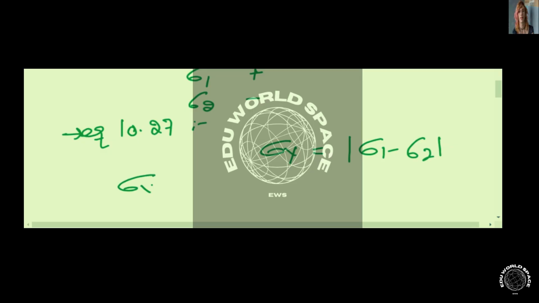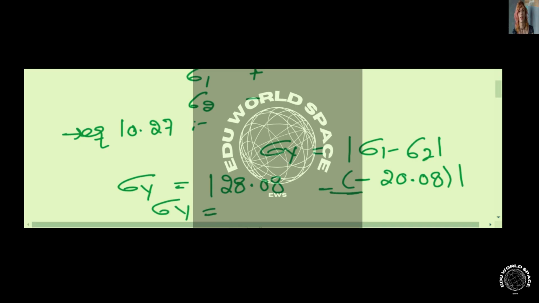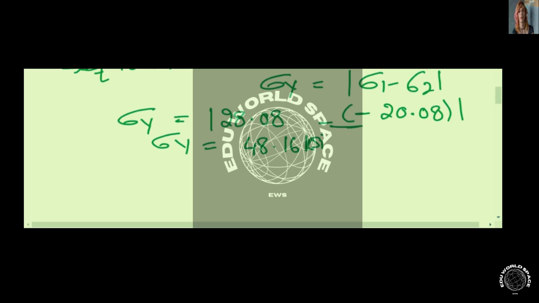So sigma sub y is equal to 28.08 minus negative 20.08, right? So this negative becomes positive, so sigma sub y is equal to 48.16 ksi, right?